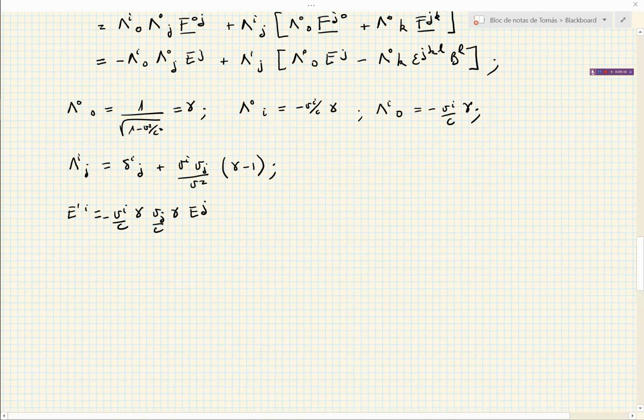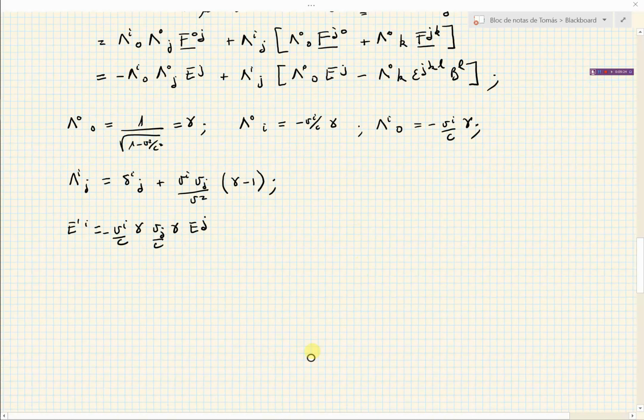So this is the first term. The second term gives me, I am going to write lambda i j in a slightly different way.